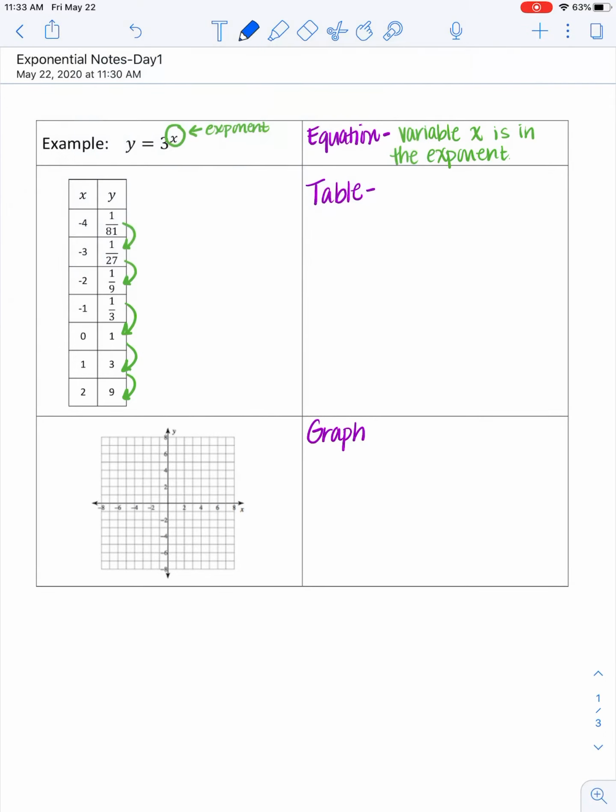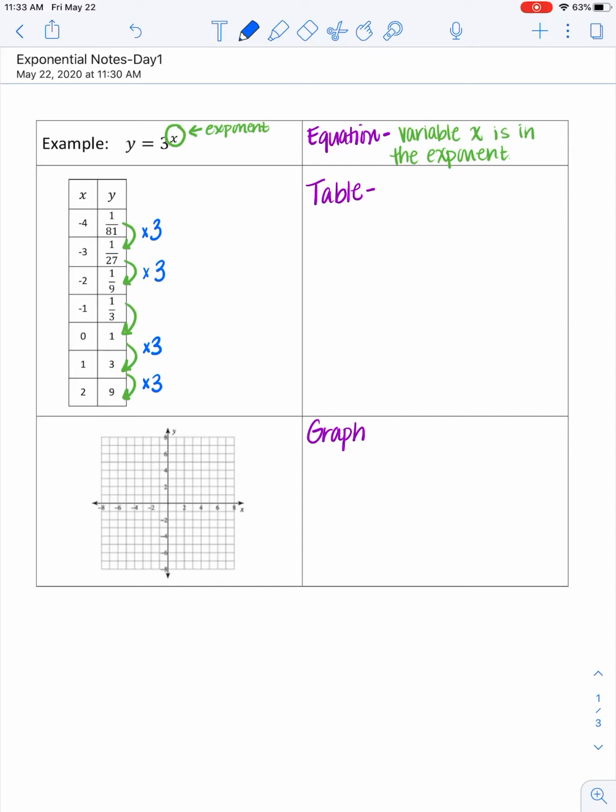So if I'm not adding the same number, I can check to see if I'm multiplying or dividing the same number. If I look at 1 to 3, well, 1 times 3 is 3, and 3 times 3 is 9. So the only question is, does that pattern repeat throughout the whole table? If we had 1/81 times 3, and we punch that into our calculator, we would get 1/27.